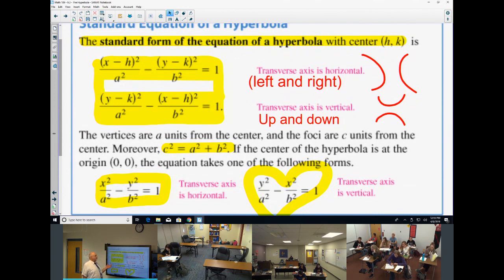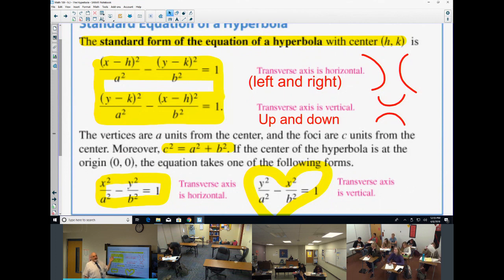The standard form of the hyperbola with center (h, k) is (x minus h) squared over a squared minus (y minus k) squared over b squared equals 1. This is almost identical to the standard form of the ellipse. The difference is that instead of a plus in the middle, there's a minus.